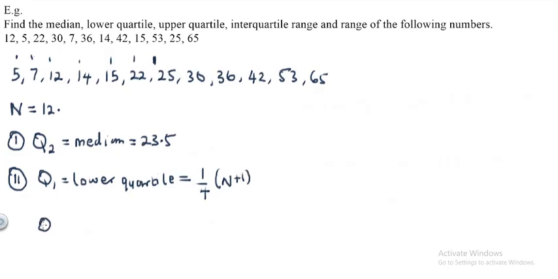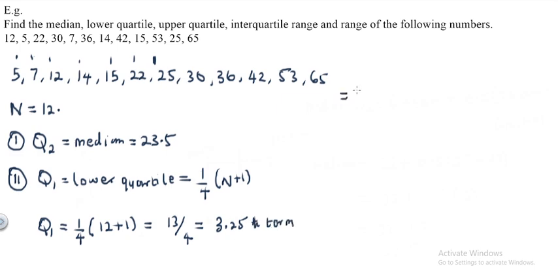That means Q1's term is equal to 1 over 4, open bracket, 12 plus 1. 12 plus 1 is 13, divided by 4. 13 divided by 4 is simply 3.25. So we are looking at the 3.25th term.